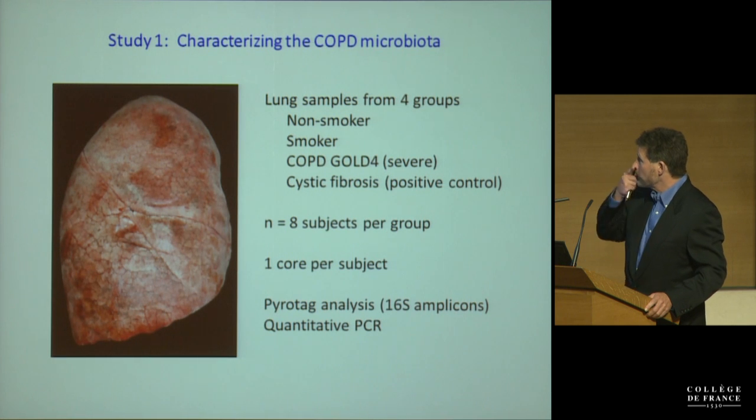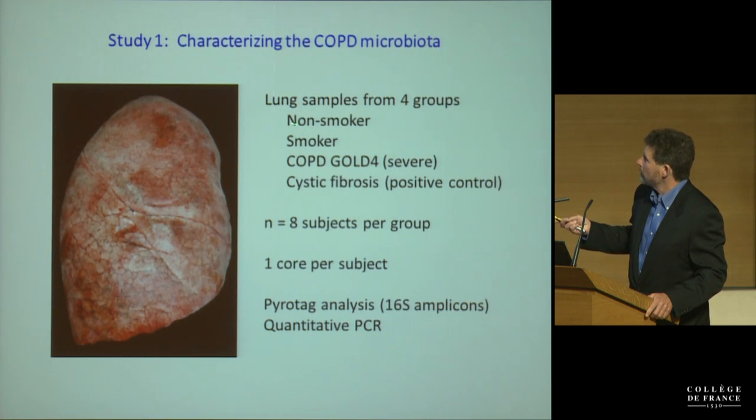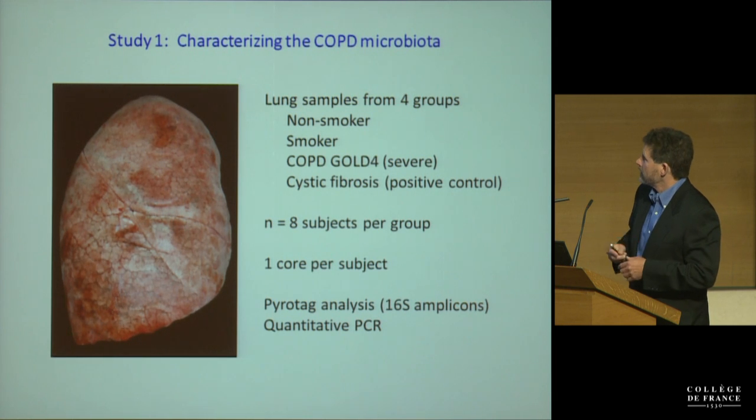For the first study, we were basically attempting to validate that there was a COPD microbiome, and we used samples from 4 different groups. These were explant lungs from non-smokers, smokers, and people with GOLD 4 COPD. The disease is categorized with 4 levels of severity, and GOLD 4 is the most severe level of the disease.